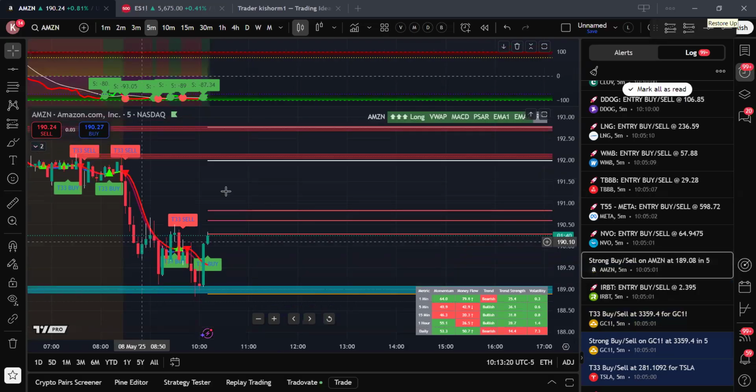So it's also looking good, right? Stocks manager is telling it is good for a long. We have MACD, PSR, everything is green.